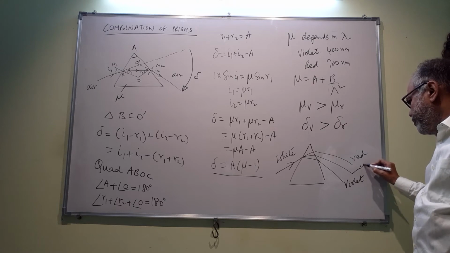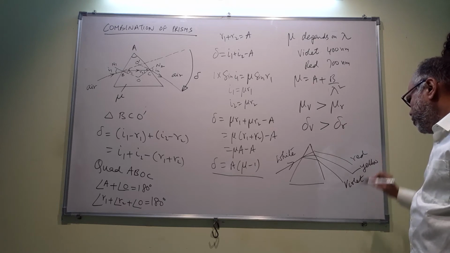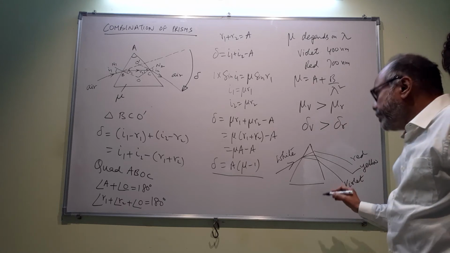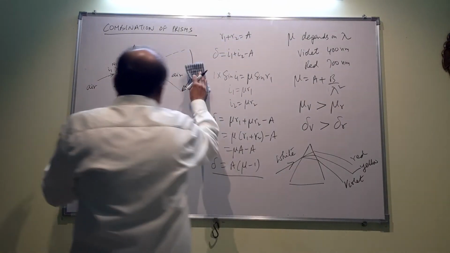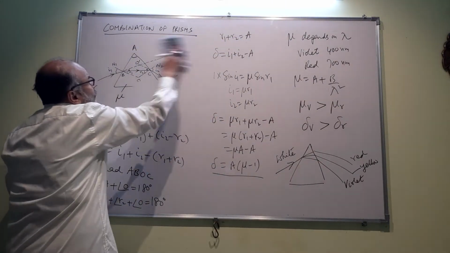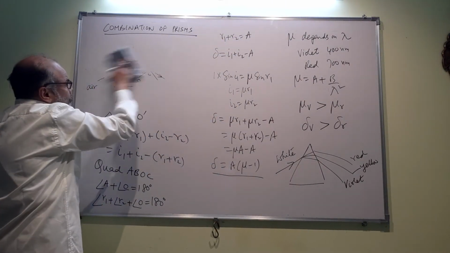The central one we can call yellow. So we can now talk about the angular dispersion.